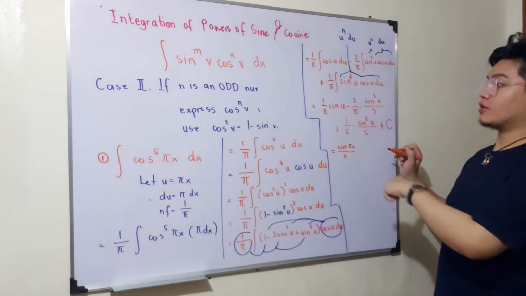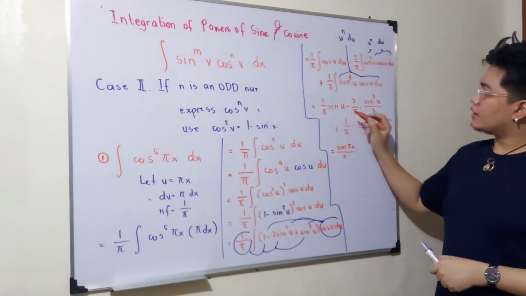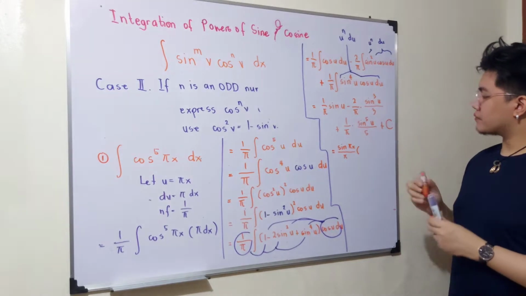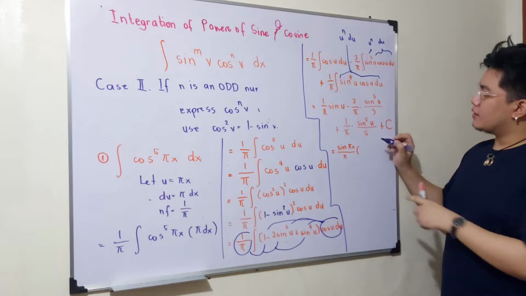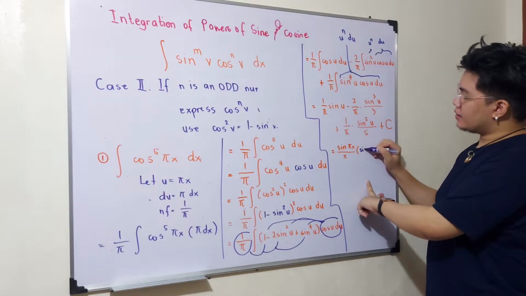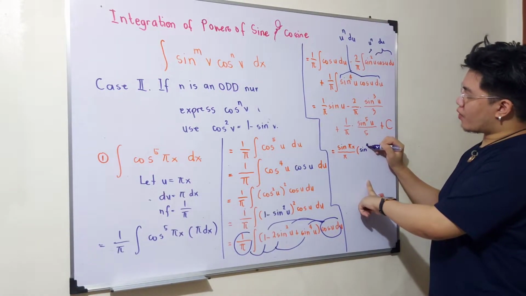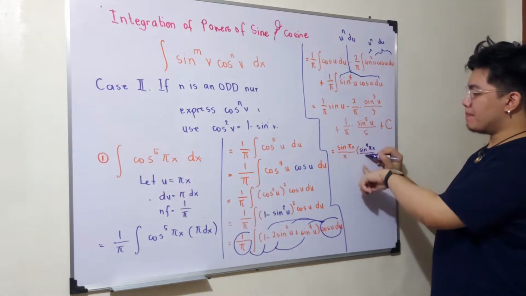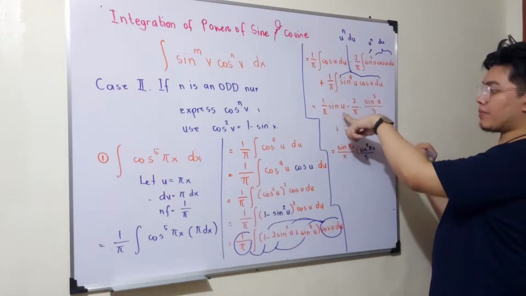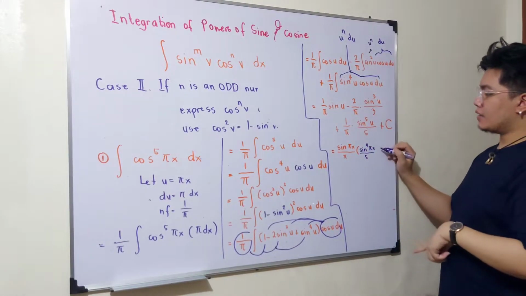Okay, yung common factor. And then dito we have, unahin natin yung unang-una, yung pinakamalaki. So we have sine raised to 4 pi x over 5. Kasi common factor nila yung pi, diba? So 5 na lang natira.